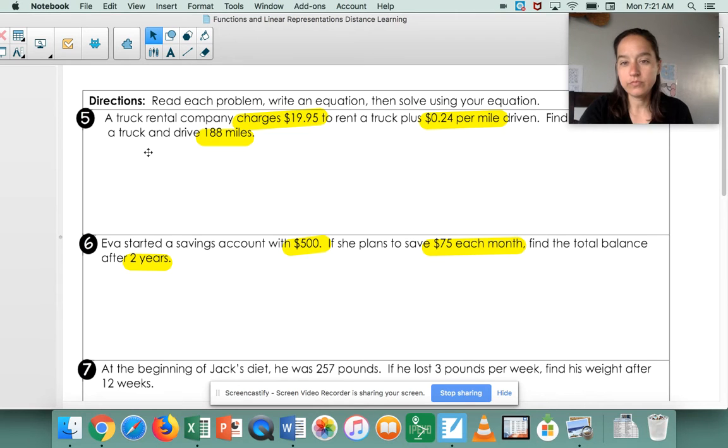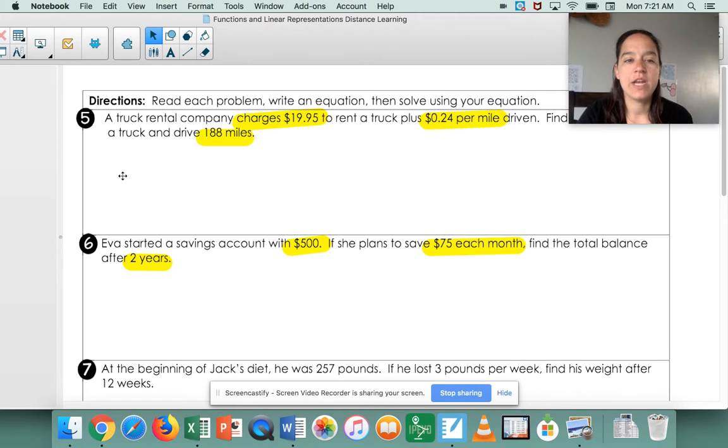Here, our constant rate of change was 0.24, 24 cents. And our b value was the value if there was an initial fee or a starting point. If there was a starting point, we had a b.